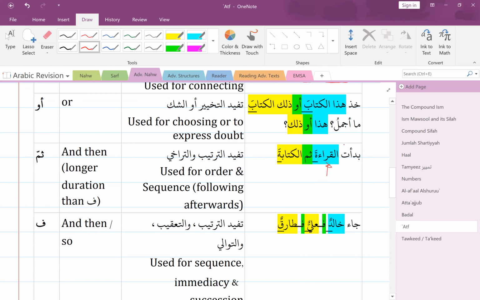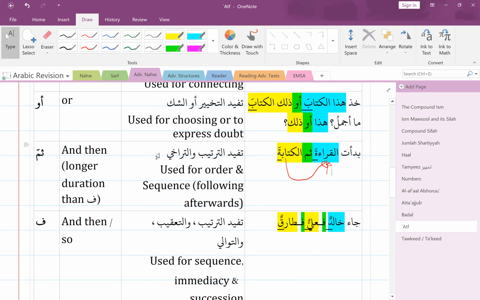Maybe somebody is learning how to read, so after some time spent reading and learning how to read, you started to learn how to write. So this kitaba followed. It did not come before, it came after al-qira'ah. That's what we mean by tartib, even way later, it came after that. That's what we mean by thumma.